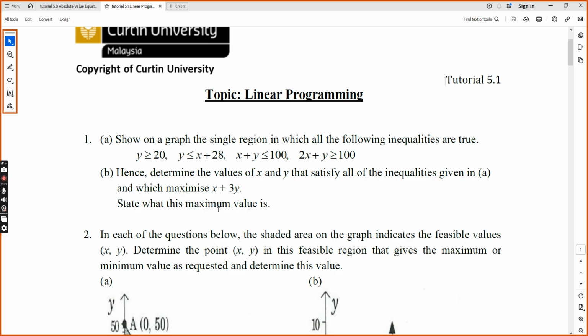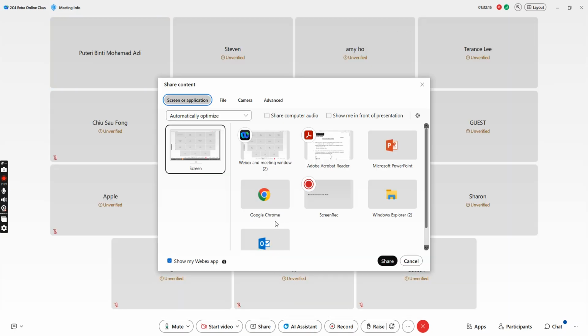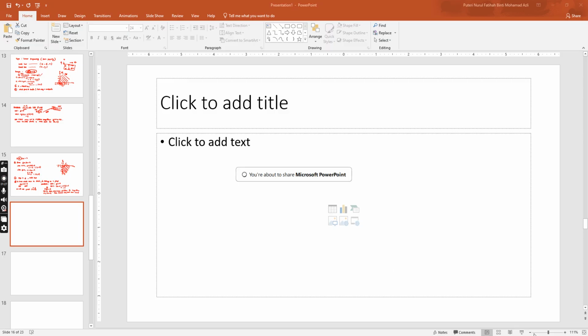So what does this maximum and minimum mean? For this kind of question, if the topic linear programming is in your exam, this type of question will be in your exam.